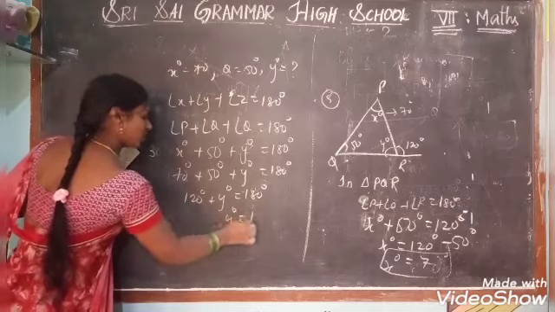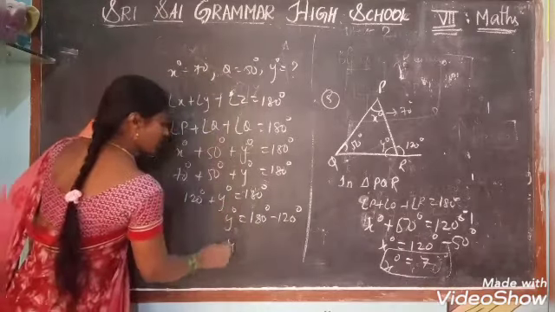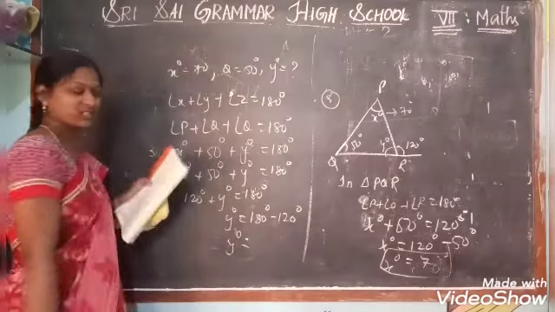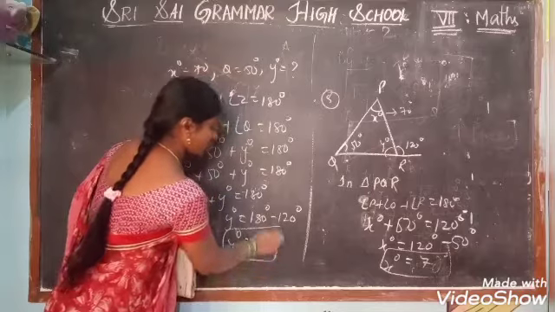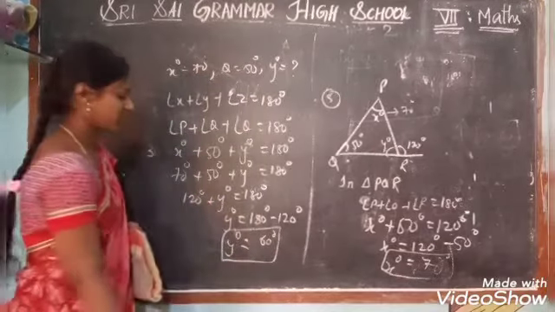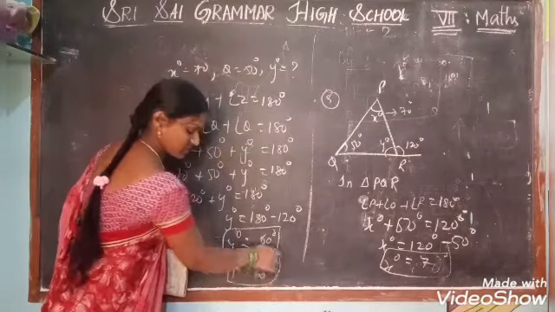Y degrees equals 180 degrees minus 120 degrees. Y degrees equals 60 degrees. Now we have found y degrees, that is point R, equals 60 degrees.